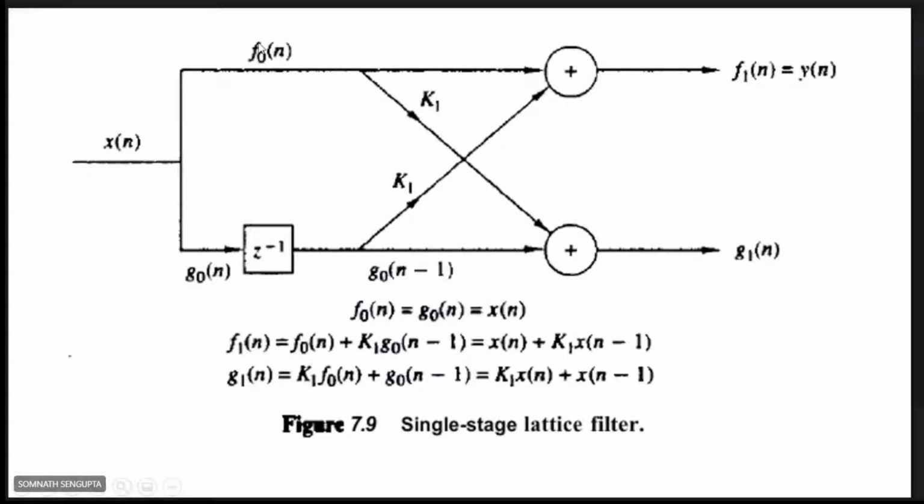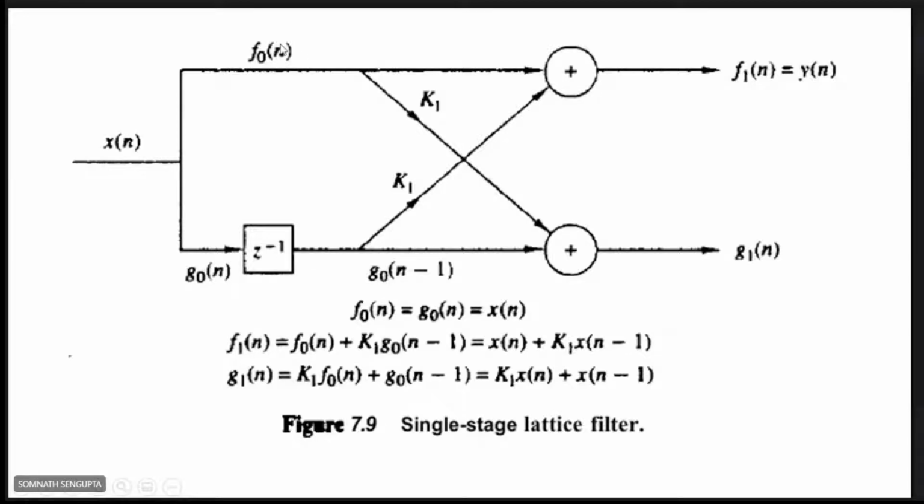It starts with f0n, which is repeated, as I told. This original function f0n is xn, and g0n is another function which is also equal to xn. Both are the same, but we pass xn through the delay line z inverse, so it becomes xn minus 1, or g0n minus 1.